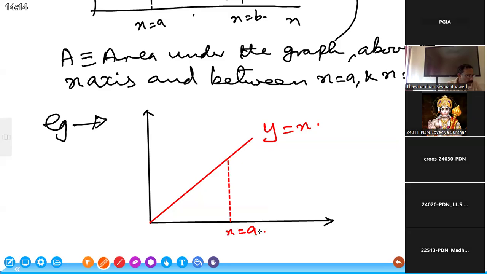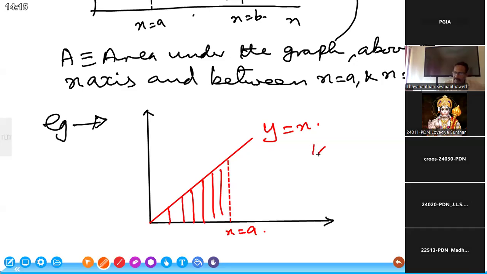This is the area that I'm talking about. We can find out this area in a simple form. What is the area here? I'm talking about this demarcated area.